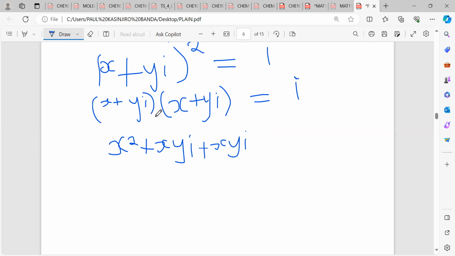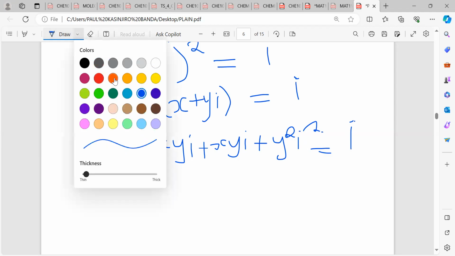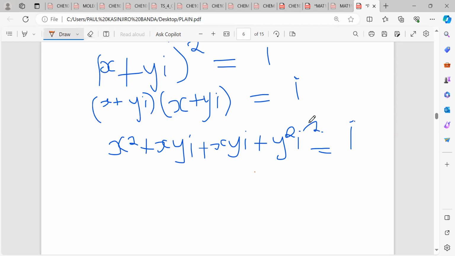Then yi multiplied by yi is y squared i squared, and this should be equal to i. Are we together? Anyone who is lost? If you are lost, just unmute yourself and ask. Here we know that i squared has an identity: i squared is the same as -1.